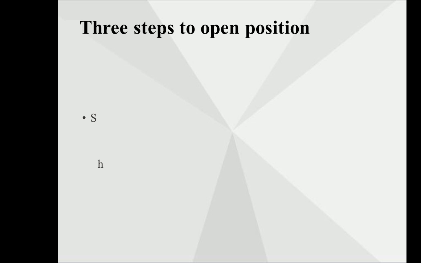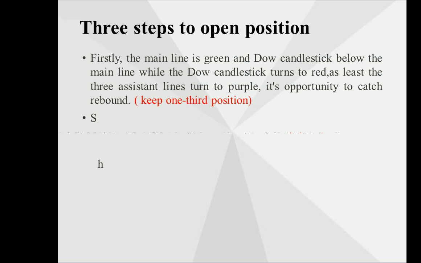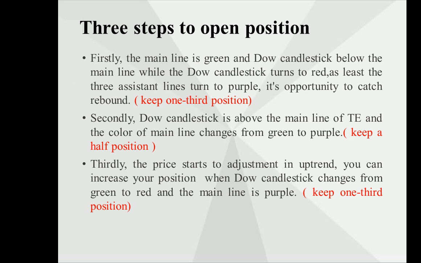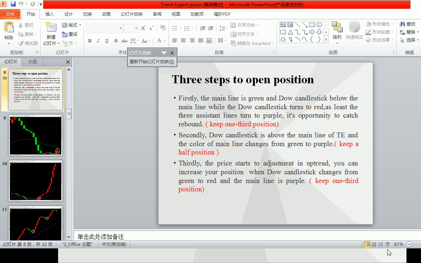Three steps to open position. This one, you just take a photo, but I will use a simple way to explain. Okay, later I will use a simple way to explain. Okay, so let's see some stocks.